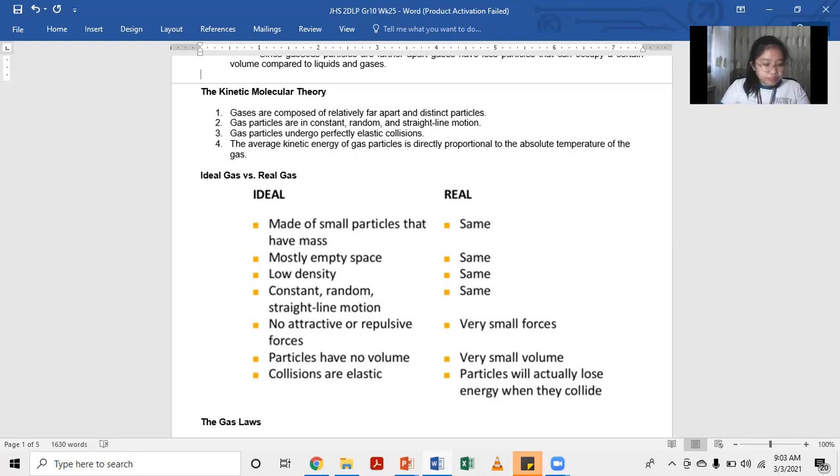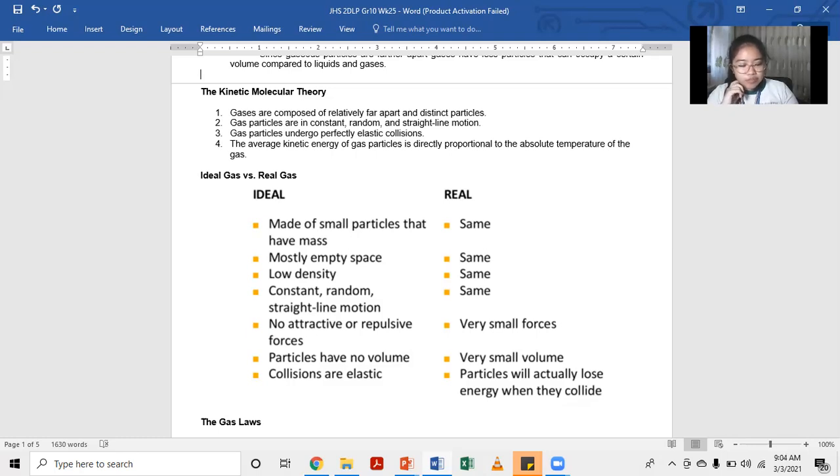Pero yun nga, under extremely high pressures and extremely low temperatures, kailangan kasi nasa extreme na conditions yung real gas para mag-act siya as an ideal gas. So, kaya meron tayong tinatawag na STP, standard temperature and pressure.